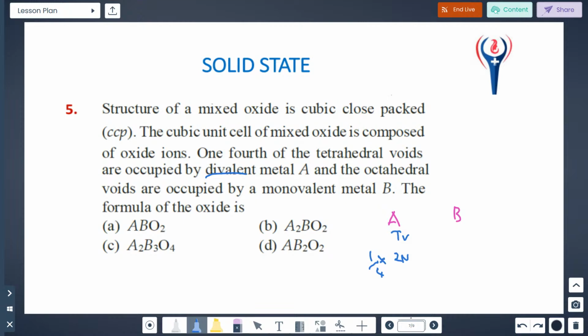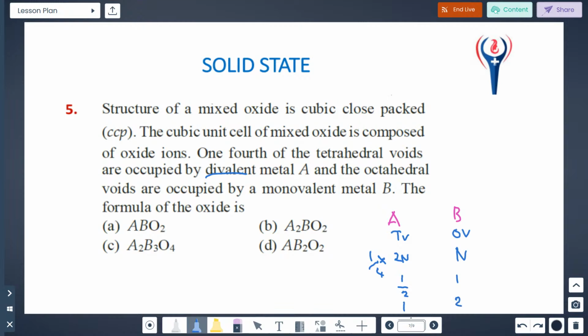Next one. Octahedral voids are occupied by monovalent. Monovalent means here B is monovalent, so this is octahedral. So simply write O, octahedral, and you put only N. Then you cancel this one. We get 1/2, N gets cancelled. So we get 1/2. Here we have only 1. So with cross multiplication, we will be getting A will be 1, B will be 2.